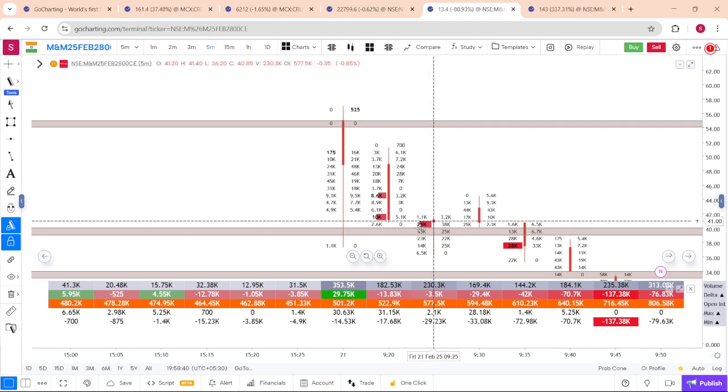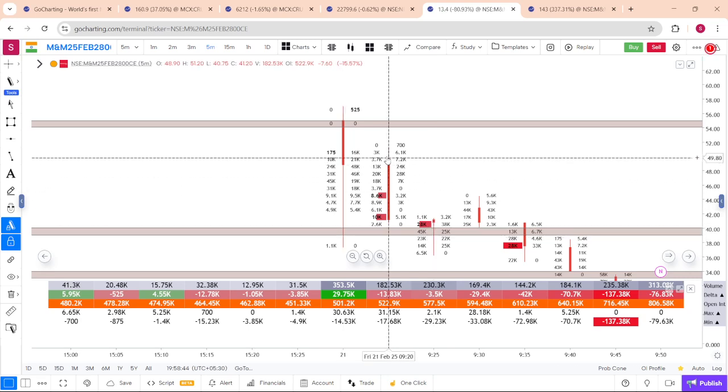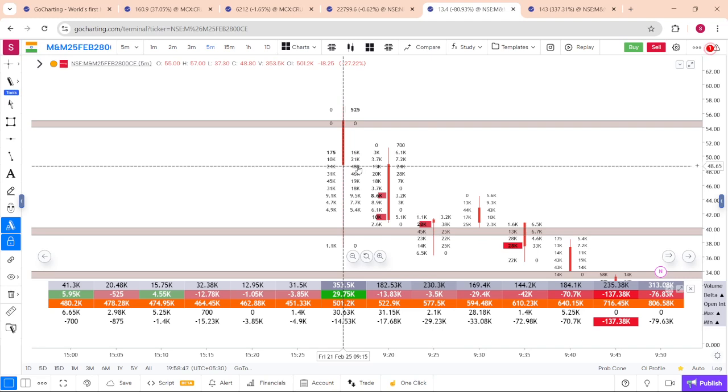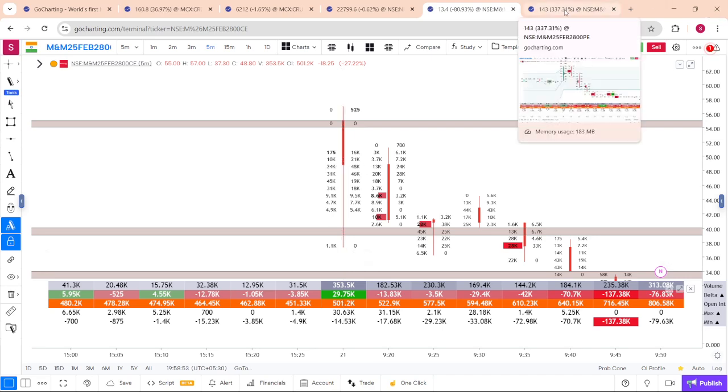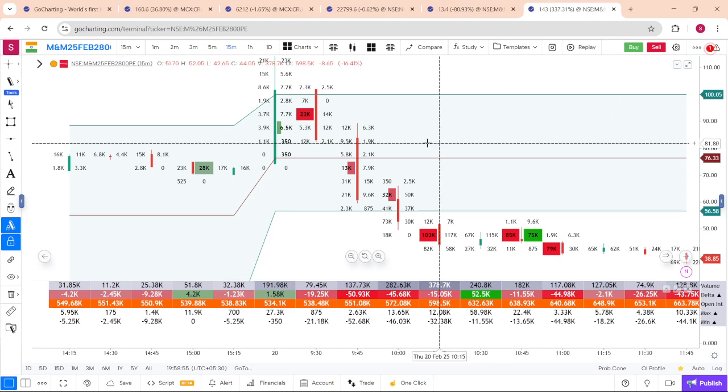So 9:30 arrived, and there is no buying in this call option. Then we will check what has happened in the put option. While doing the put option, or any option on Friday, we have to draw all the imbalance areas of Thursday.